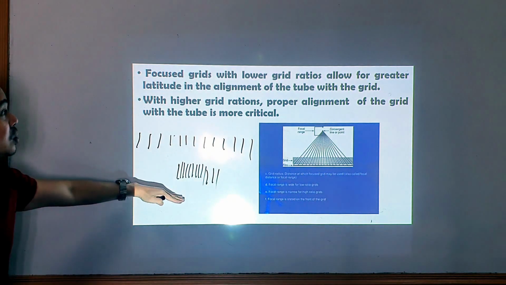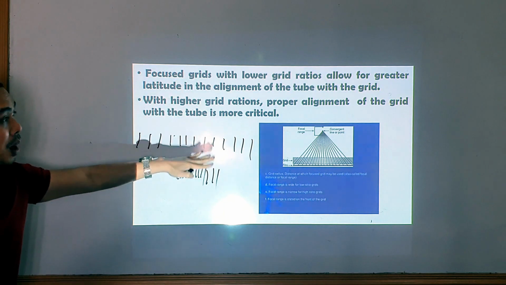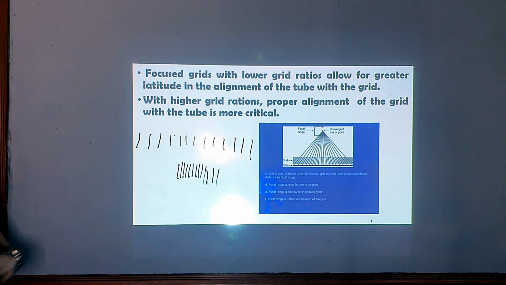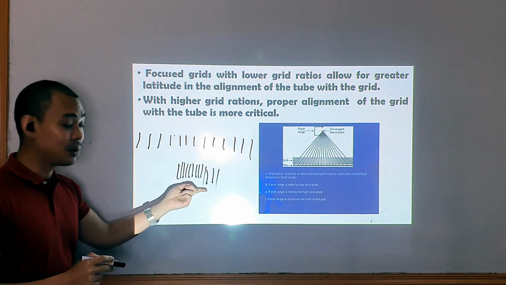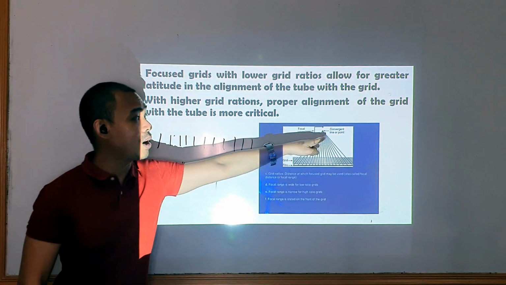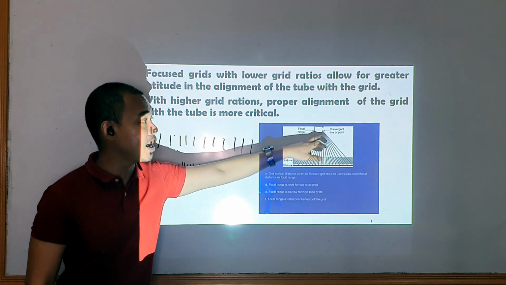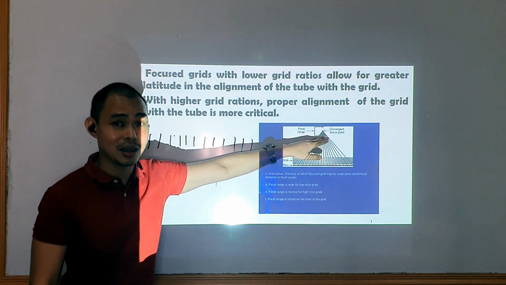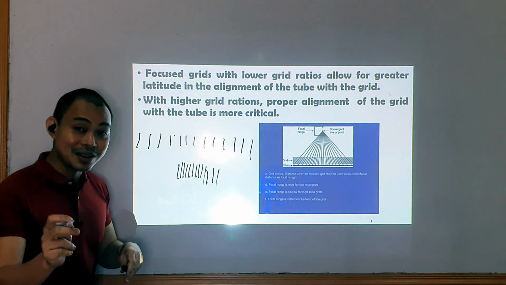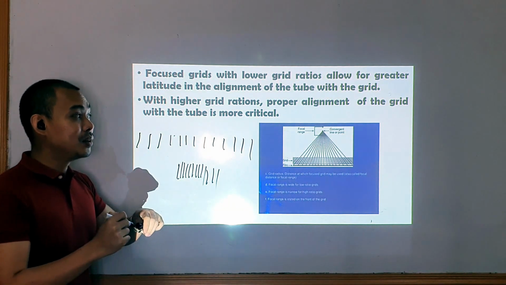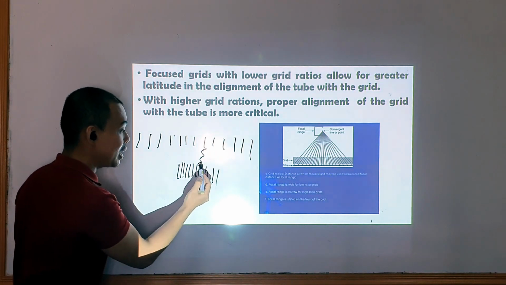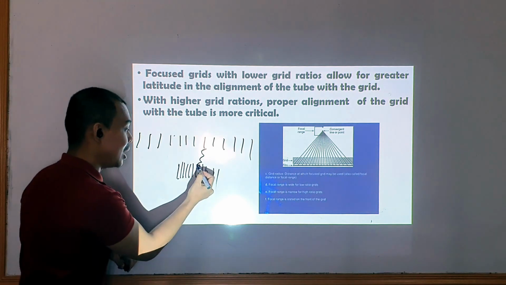Right? But if we're going to use a higher grid ratio, a proper alignment of the grid with the tube is more critical. Because why, guys? Try to look at the number of lead strips for a higher grid ratio. There's a possibility that if you are not going to follow the convergent point, wherein the X-ray tube should be located here at the convergent point for a focus grid, the X-rays that will be created during that exposure will just simply hit the lead strips.